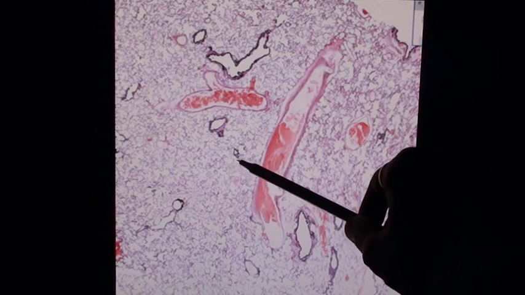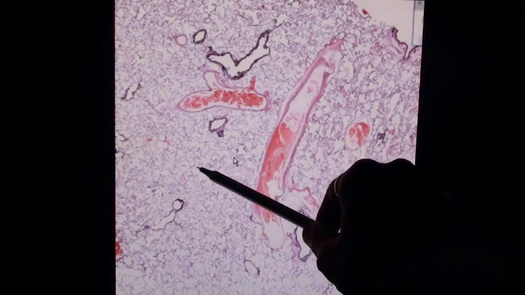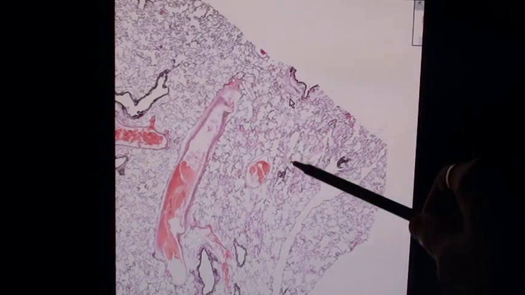When we look at the alveoli, you can actually see the smaller vascular spaces here. These are made of capillaries, and the air spaces consist of bronchi, bronchioles, respiratory bronchioles, alveolar ducts, and alveoli. They go from the larger to the smaller structures respectively.